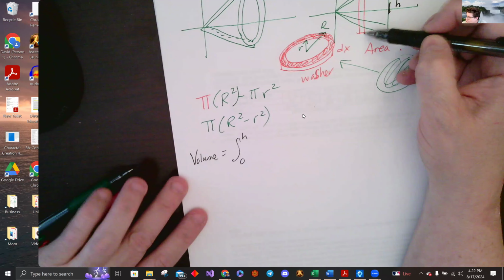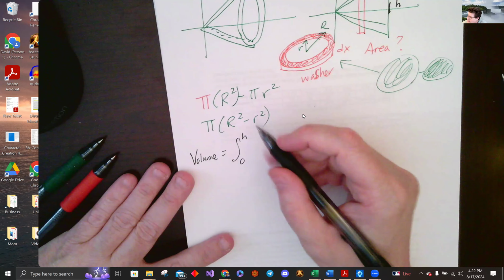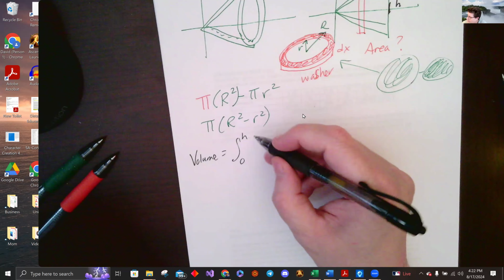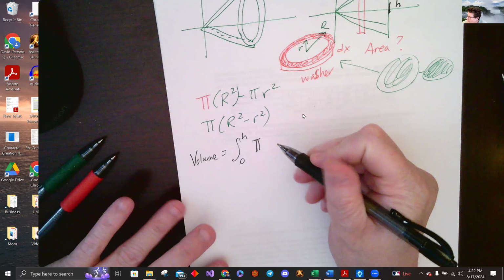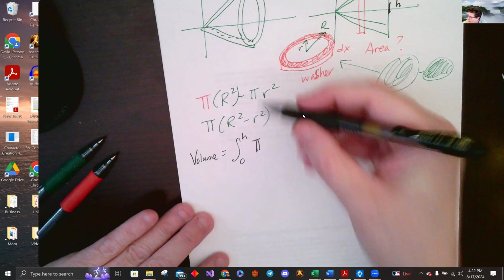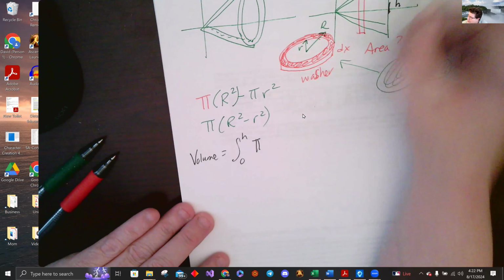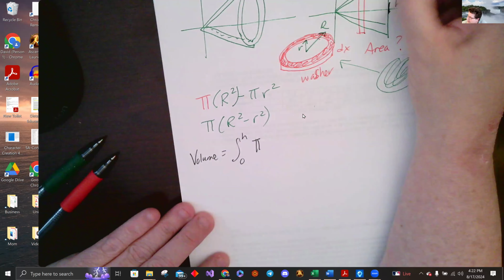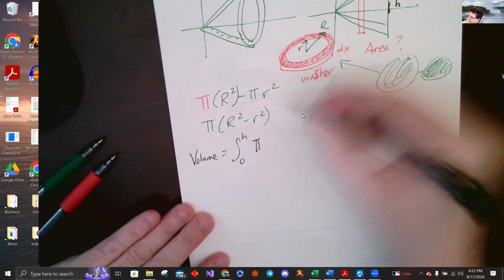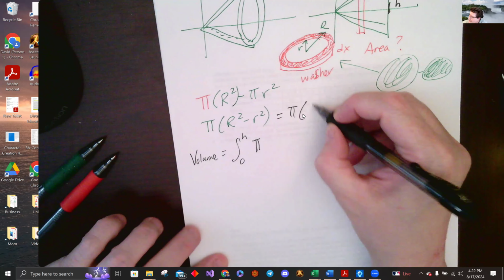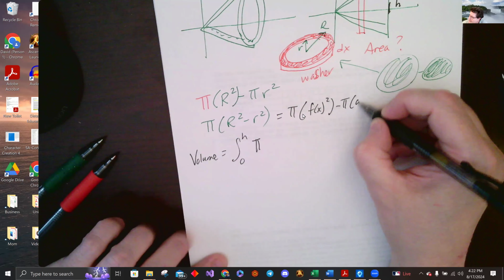The area of that washer is this. We don't know what these are, it's not R squared, that would be at the end. If we call this line here f of x and this line here g of x, this is pi times f of x squared minus pi times g of x squared.